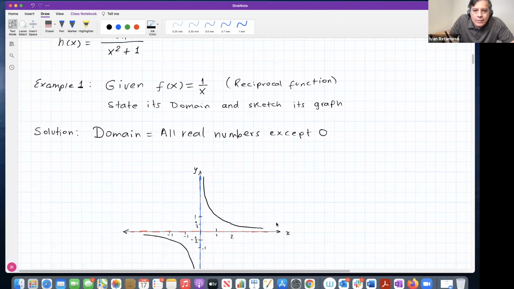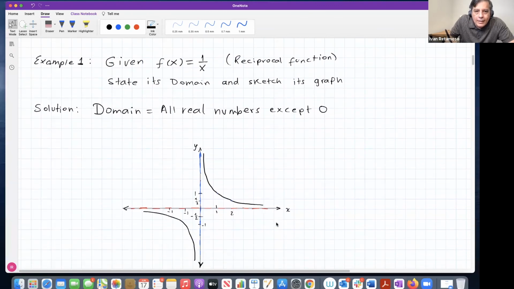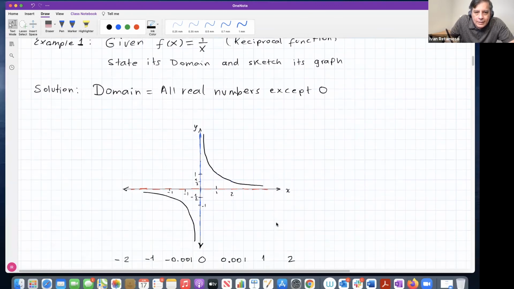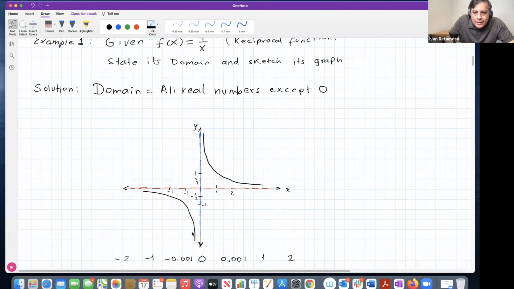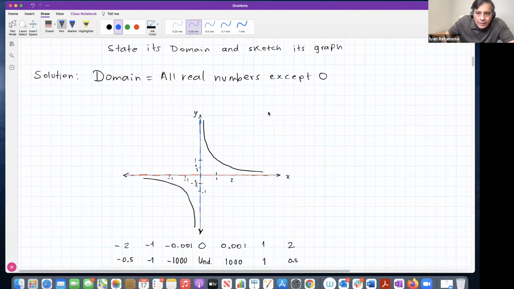Now let's go into the graph of this function. In order to graph this function, one thing I can do is this. I can allow myself to have some input values, and then evaluate them, look at the output values, and then pair them up and come up with a graph, right? If we do that, look, if the function, recall, is f of x equal 1 over x, notice if x is 1, 1 over 1 is just 1.